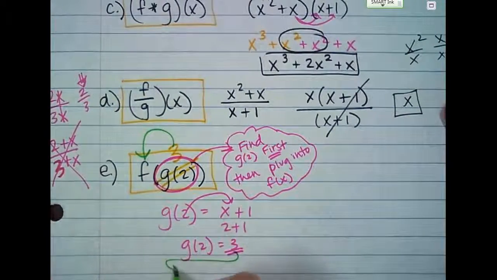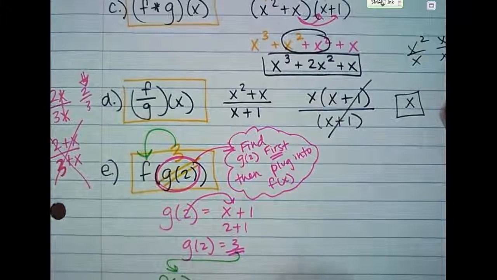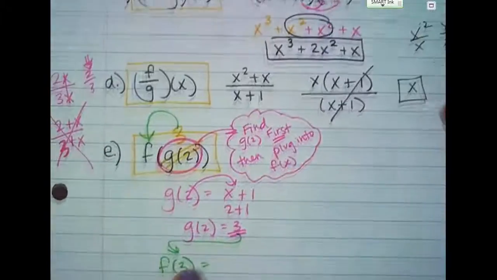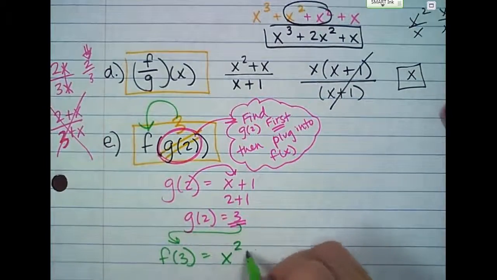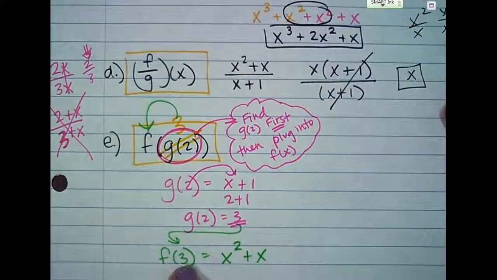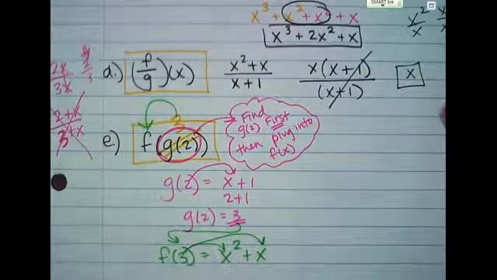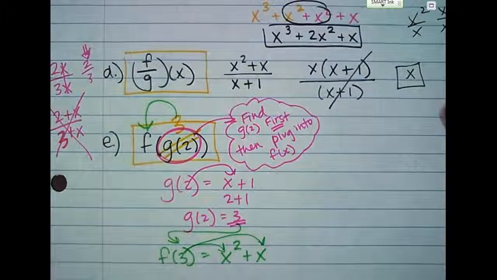So I'm going to take the 3 and ask, what's f of 3 this time? Go up to the top, and the function was x squared plus x. So how many different places do I have to put this 3 in? 2 places. I've got to plug it in here and here. Both places. So I want 3 squared plus 3.